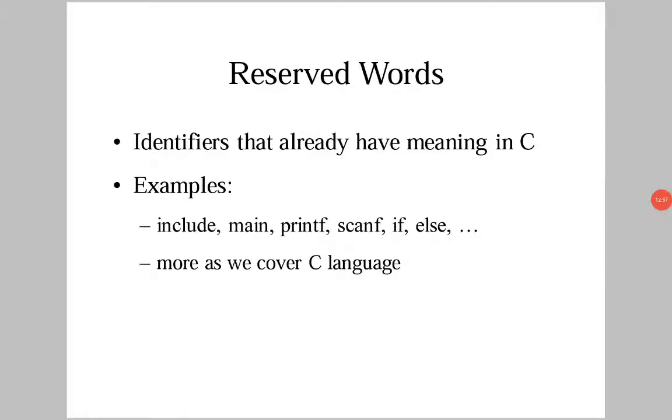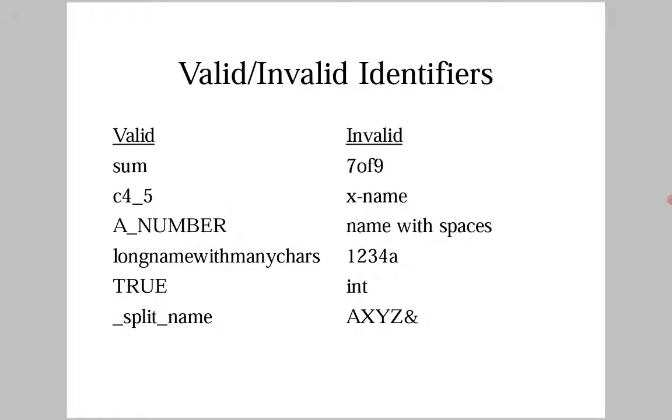In the C language there are many keywords, commands or statements which are treated as reserved words, meaning they won't be used as a variable in a C program. These are identifiers that already have meaning in C, for example main, printf, scanf, if, else, and more as we cover the C language.